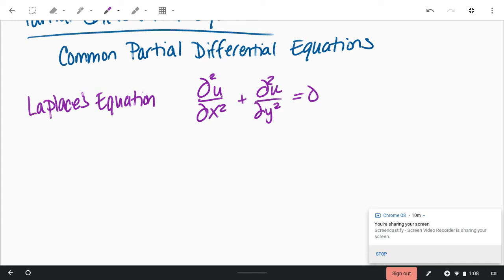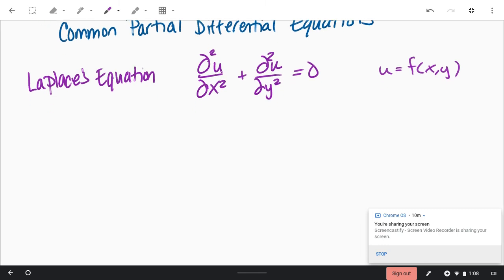Okay, so u is some function of x and y. Laplace's equation. If u is a function that makes this true. Okay, so there's specific types of functions where this is true, and you'd use Laplace's equation for it. We have the wave equation.